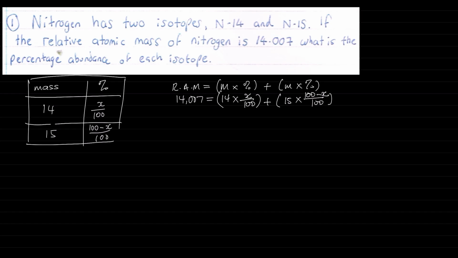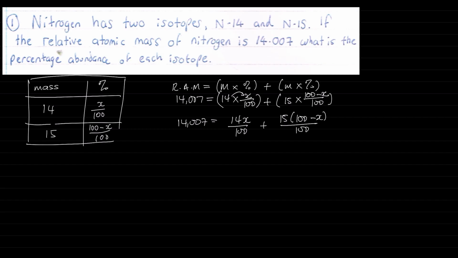Now, I'll show you how you can solve it. What you need to do is just remember that when you are multiplying, you multiply numerator and numerator, denominator and denominator. So this one is going to be 14x over 100 plus, this one is going to be 15 into 100 minus x over 100.